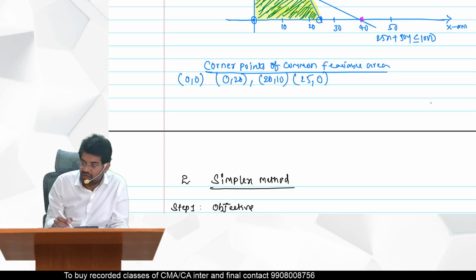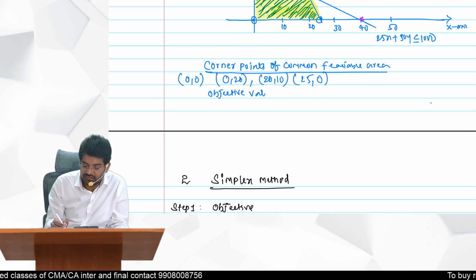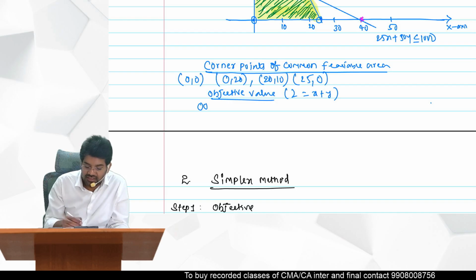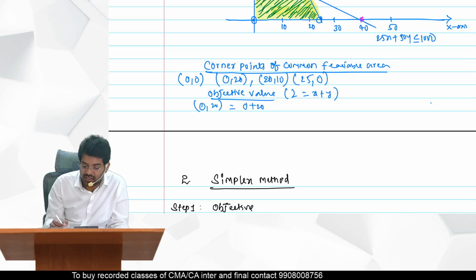So the objective value for each one: what is our objective? z is equal to x plus y. First, if you take 0, 0, obviously you will get 0. If you take 0 comma 20, 0 plus 20 is 20.